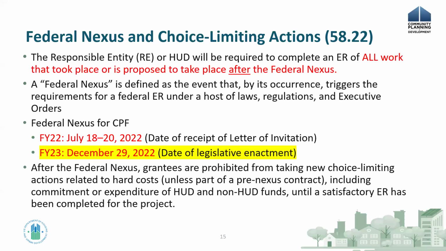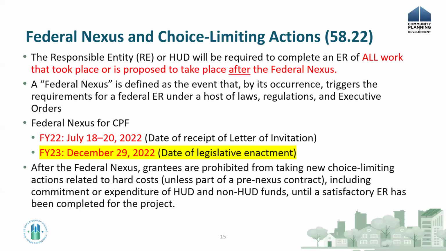Next is the federal nexus and choice limiting actions that we'll talk about. The federal nexus is the point at which a project becomes federalized and when federal environmental review requirements are triggered. Again, the federal nexus date for fiscal year 2023 cohorts is December 29, 2022.